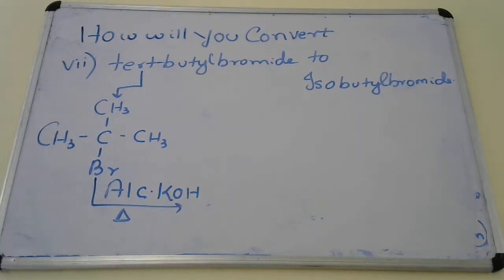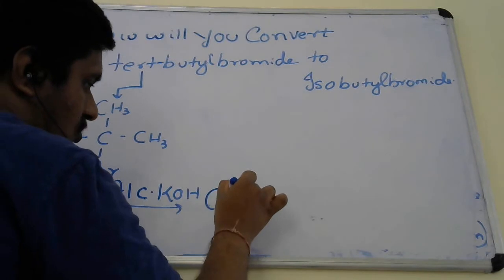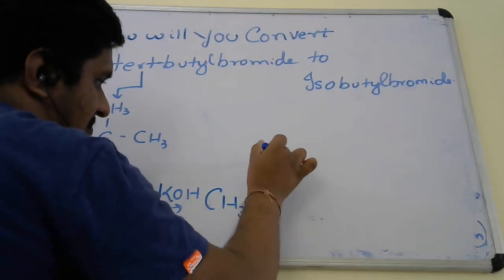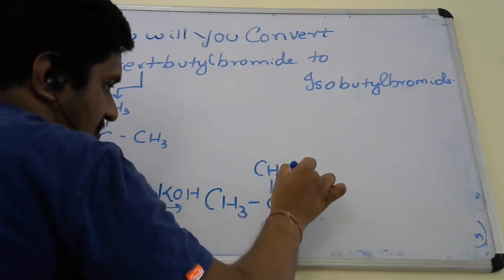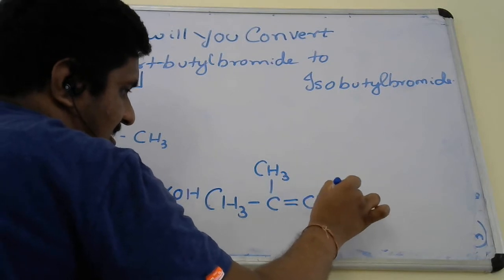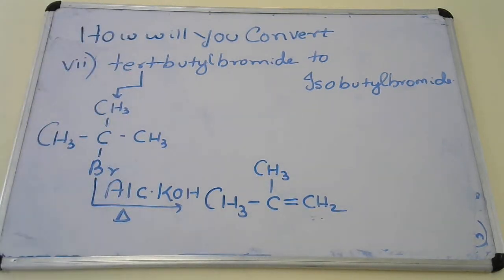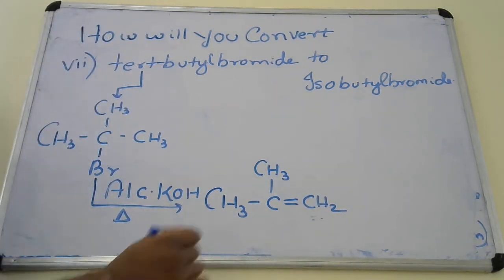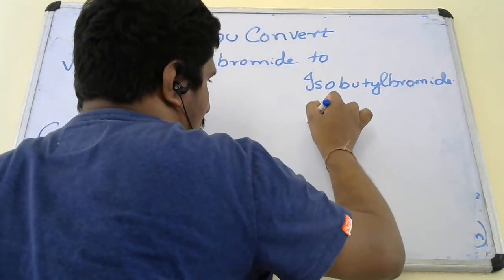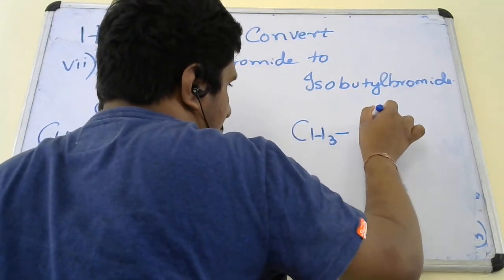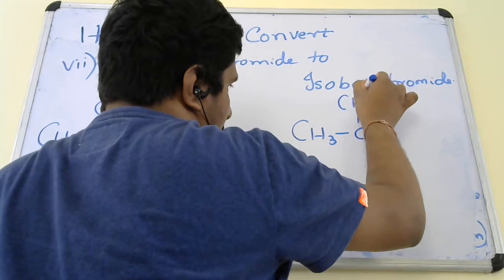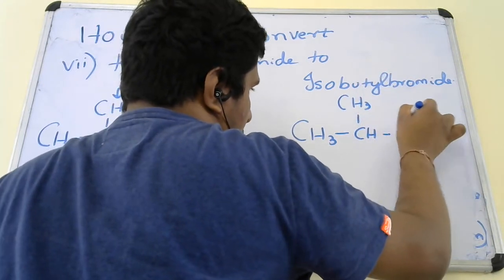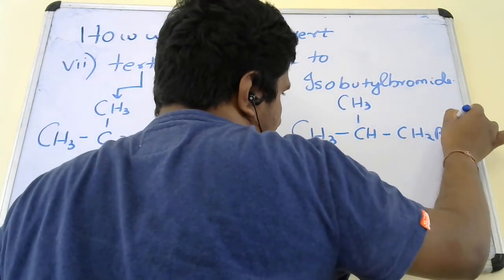Dehydrohalogenation. Bromine will be removed, a beta hydrogen will be removed, and you will get a double bond. Let me write down the structure of isobutyl bromide. This is your isobutyl bromide.